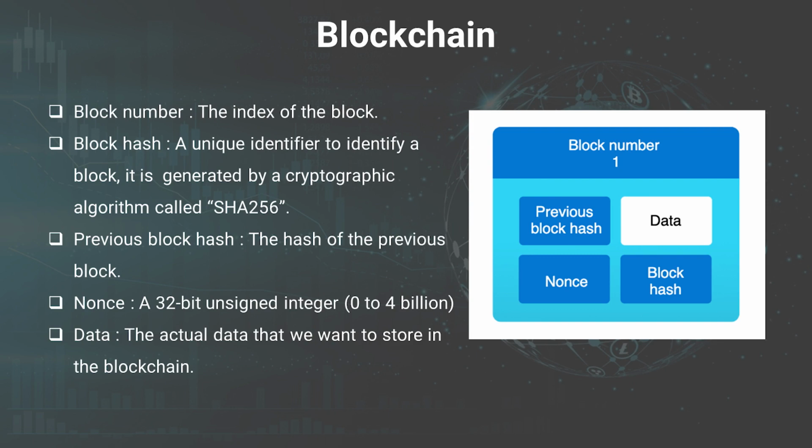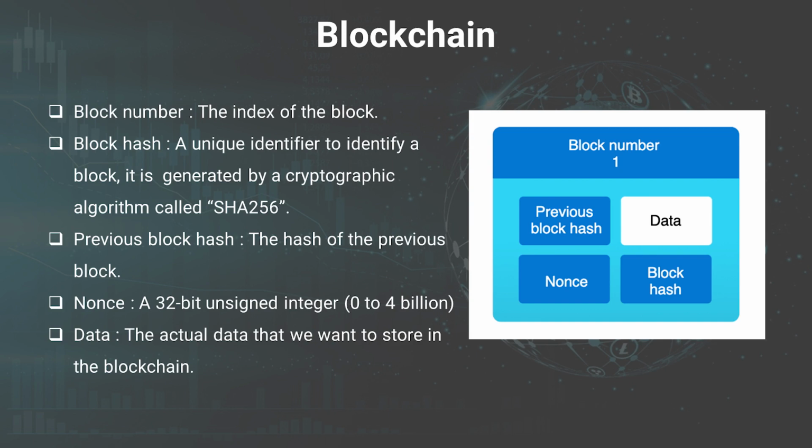We'll talk about this algorithm a little later, but you can assume it's a big random number. It's practically impossible to get the same random number. The previous block hash works the same way. It uses the same SHA-256, but it points to the previous block's hash.